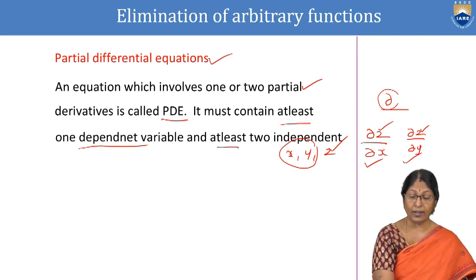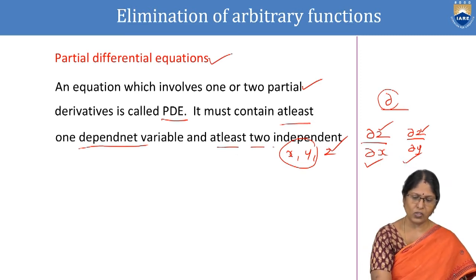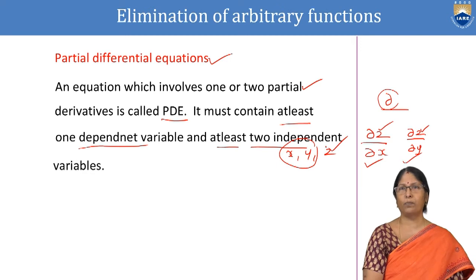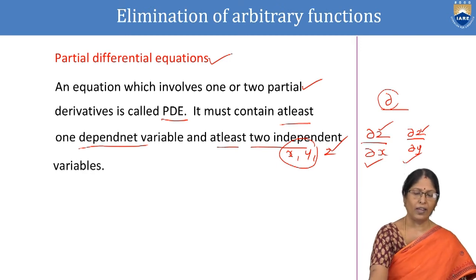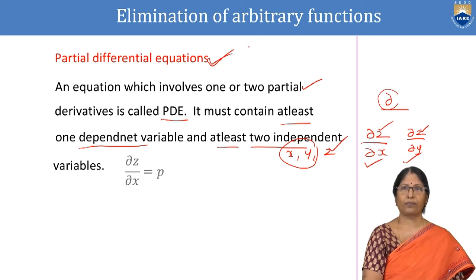The word at least means the minimum compulsory; it can have more. And at least two independent variables should be there in the partial differential equation.